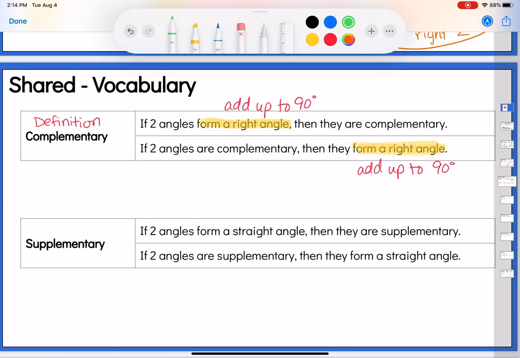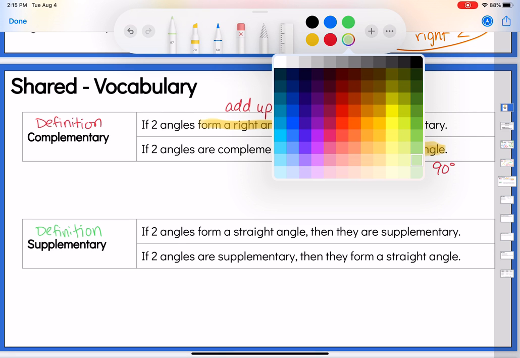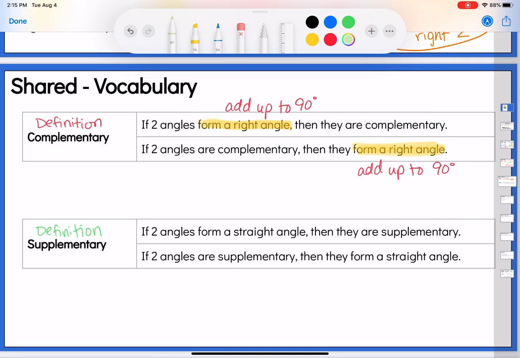Hopefully you're remembering supplementary angles, again, our definition. Supplementary angles add up to 180 degrees. So we think of that as forming a straight angle, right? If two angles form a straight angle, then they are supplementary.